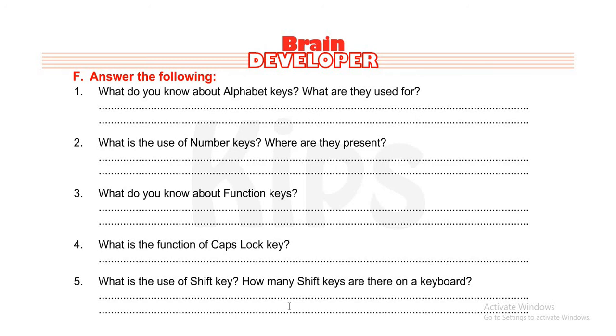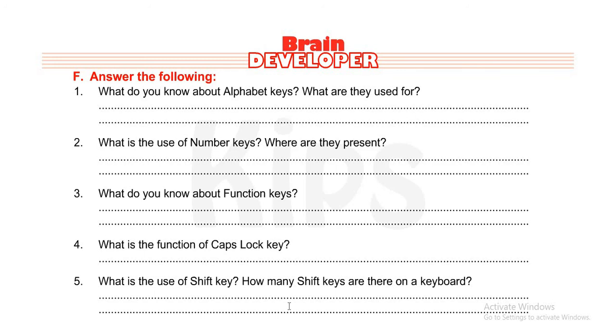Next question, what do you know about function keys? For the function key, page number 55, the answer is: they are used to perform specific tasks. They are present on the topmost row of the keyboard labeled as F1, F2, F3 up to F12. This is the answer for the third one.